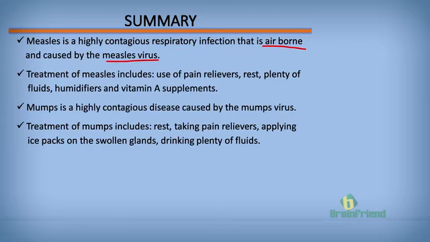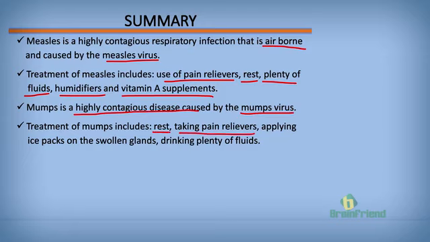The treatment of measles includes use of pain relievers, rest, plenty of fluids, humidifiers, and vitamin A supplements. Then we looked at another contagious disease, mumps. We said that mumps is a highly contagious disease caused by the mumps virus. And the treatment of mumps includes rest, taking pain relievers, applying ice packs on the swollen glands, and drinking plenty of fluids.